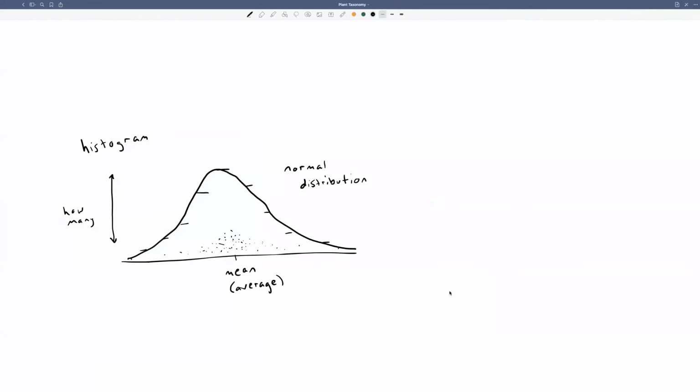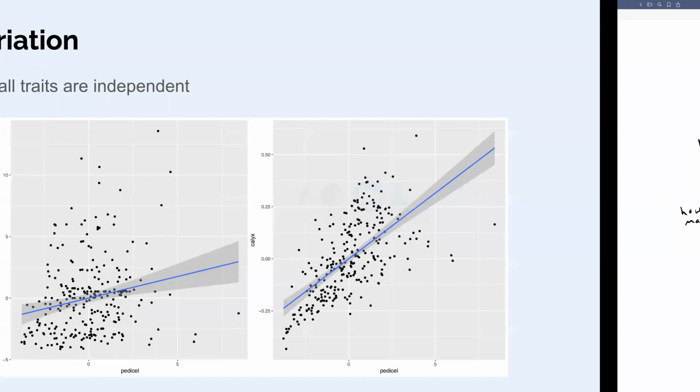Right, correlated on there. If you have traits that are correlated, again, maybe not falling exactly on that line. Sometimes that happens and might be due to genetics or environment.